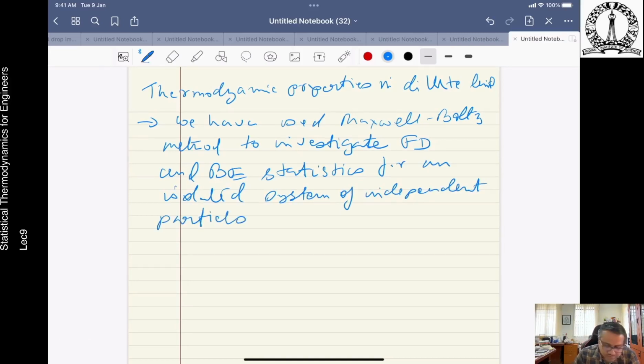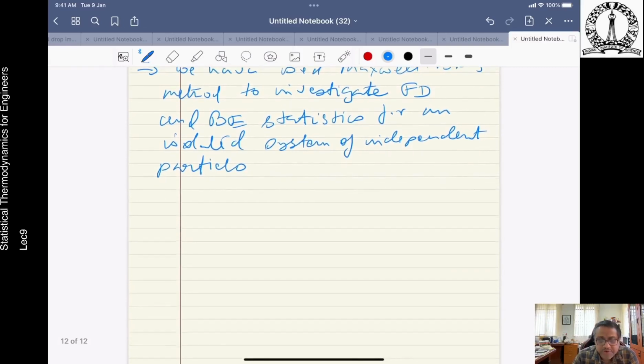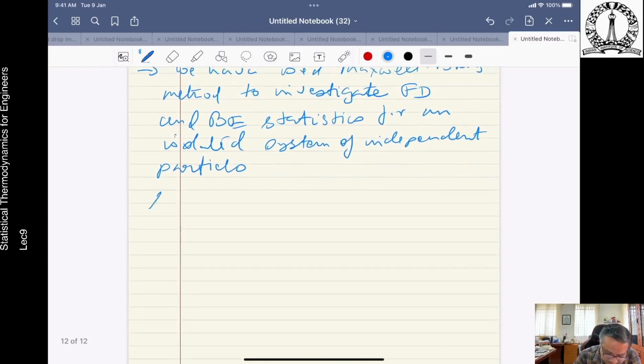Okay, and what we got from that is this first expression that we got. I write it closely.